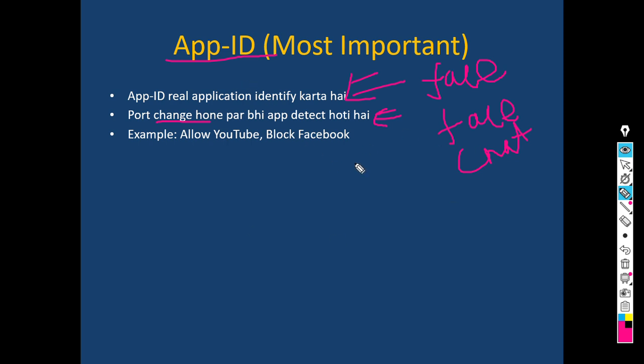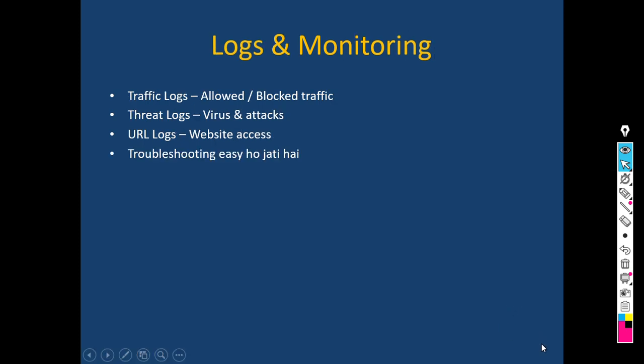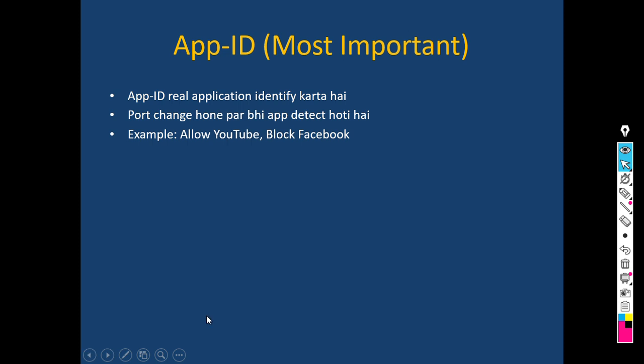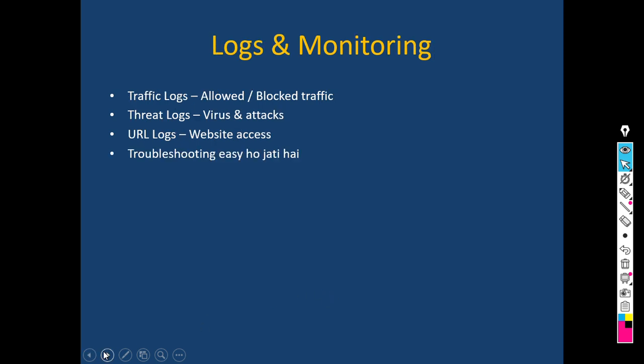So this is the way to allow or block the traffic on the basis of application. So let's move on to the next slide. We'll discuss all this application identification in detail. So let's move on to the next slide.